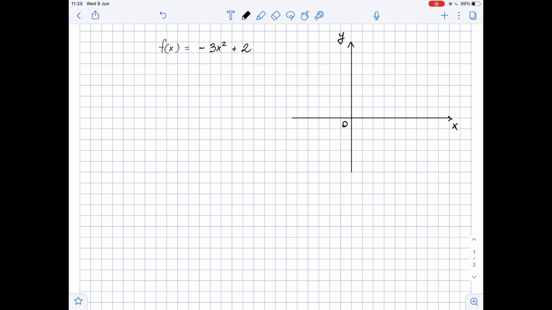We know that for standard form, where a quadratic equation looks like ax squared plus bx plus c, if a is negative, so if a is less than 0, then the parabola opens down.